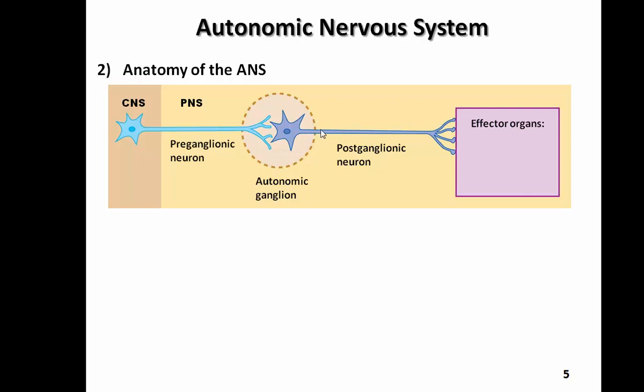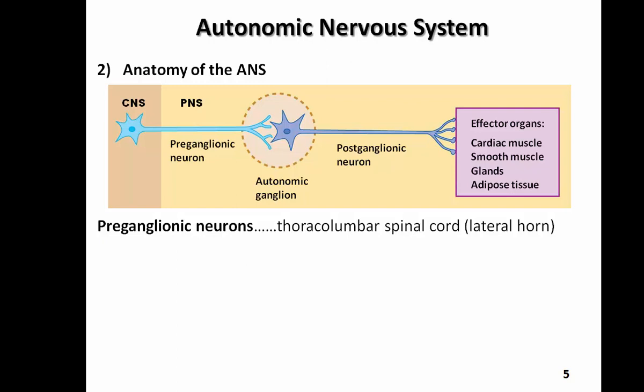The postganglionic neuron, when influenced by the preganglionic neuron, will affect tissues such as cardiac muscle tissue of the heart, smooth muscle that lines the cardiovascular system as well as the digestive system, and various glands that will secrete hormones and other chemicals, and will also influence the metabolism of adipose tissue, or tissue that stores fatty acids.